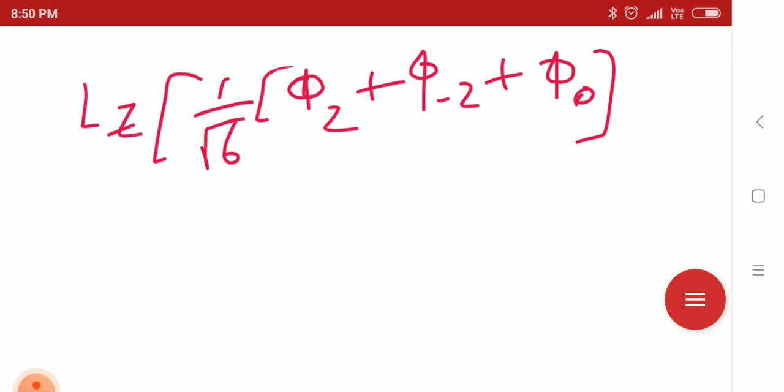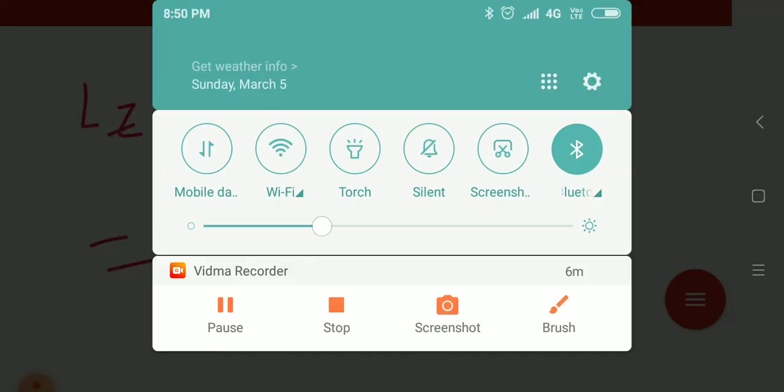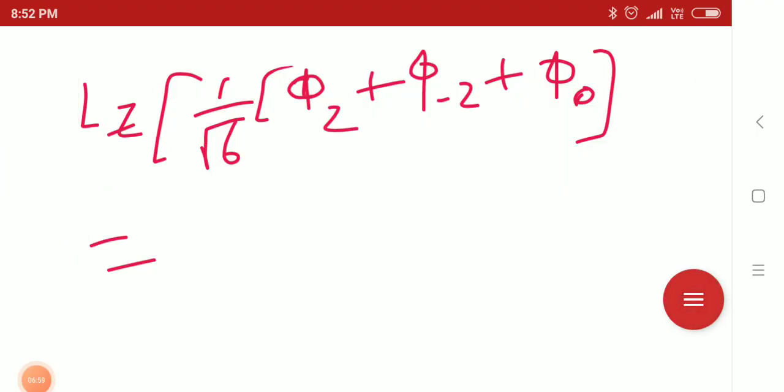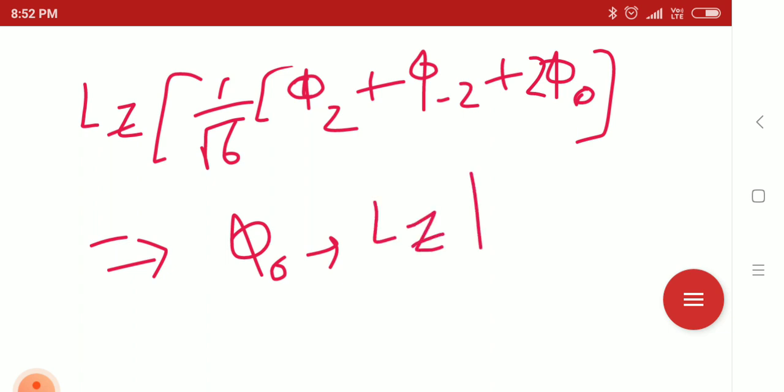Sorry, another 2 will be here because there was a 2. So whenever Lz is acting on phi 0, that means Lz into this phi 0, it will give what? It will give 0 h cut, because m is what here?